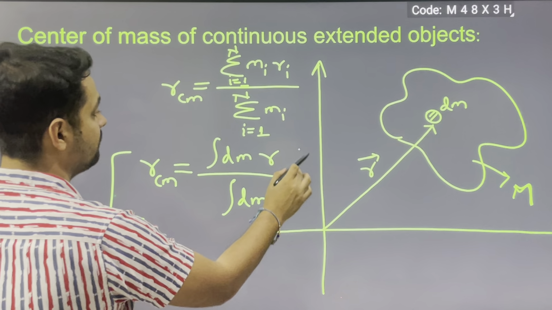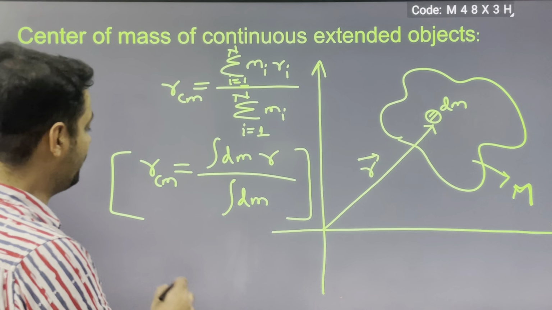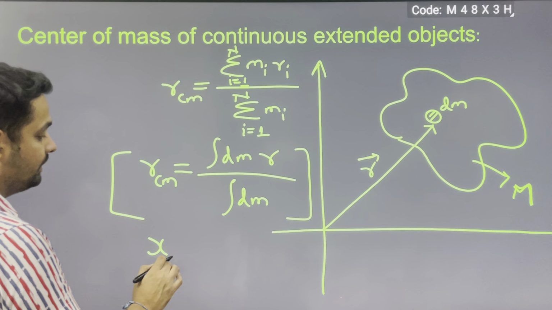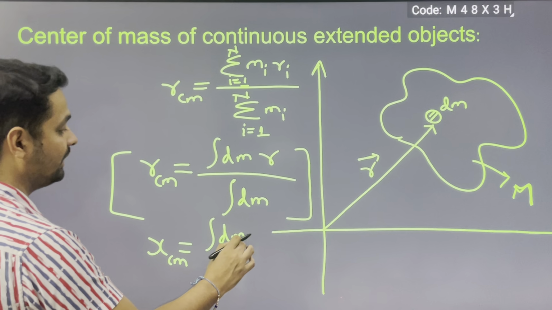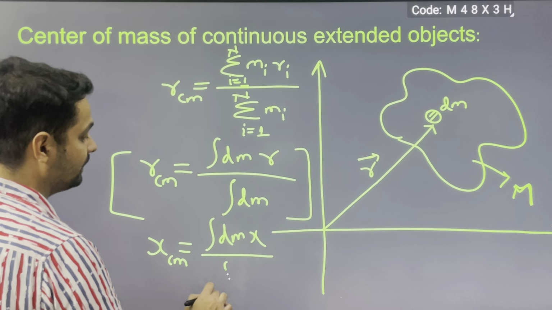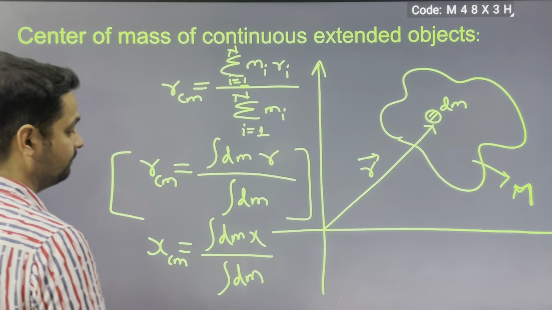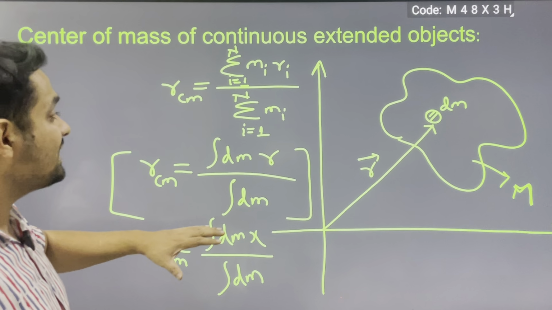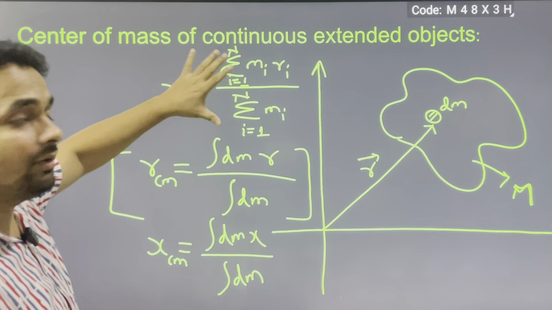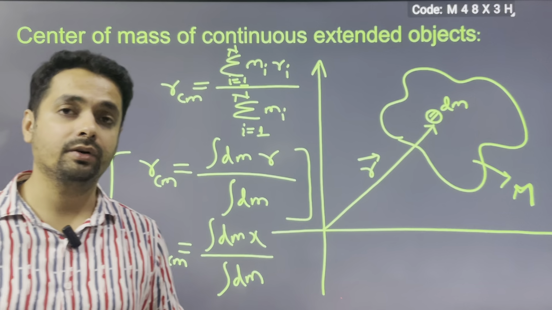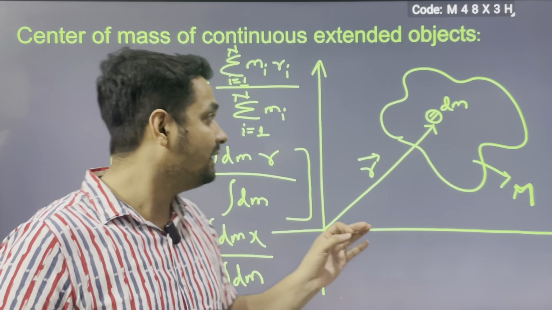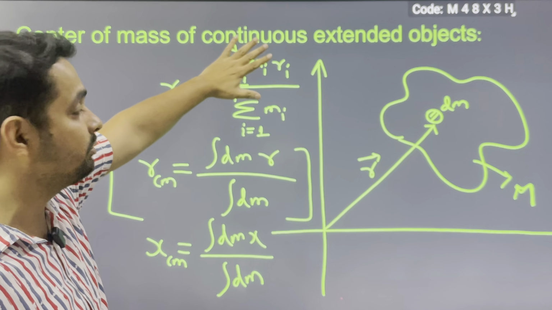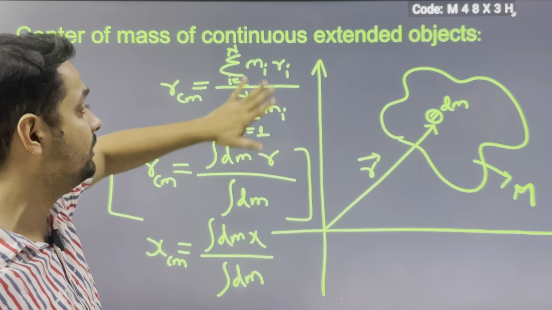So this will give r center of mass. In the same way, if I find x center of mass, that is the x coordinate of the center of mass, we can write the integration of dm x divided by the integration of dm, that is the total mass. Just like when we found the center of mass of different particles in a system, we found the sum of the mass moments of all particles divided by the total mass.